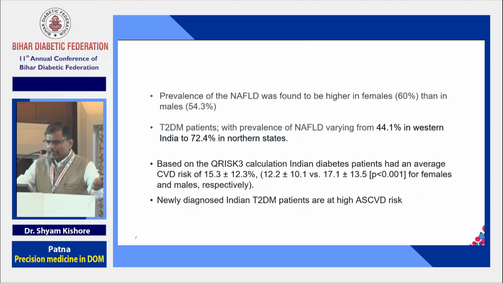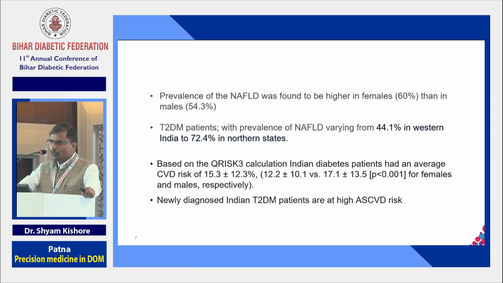This was not part of the talk, but I would like to mention in one slide another metabolic complication, non-alcoholic fatty liver disease. An Indian study has shown that it's more common in females than in males, and in type 2 diabetes patients the prevalence of NAFLD varies from 44.1% in Western India to 72.4% in Northern India.